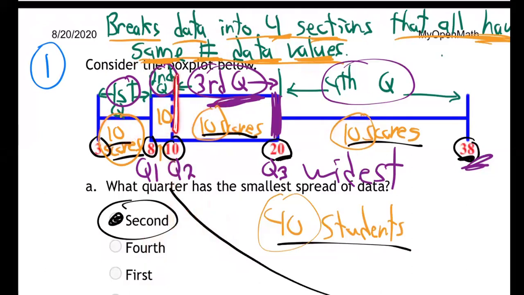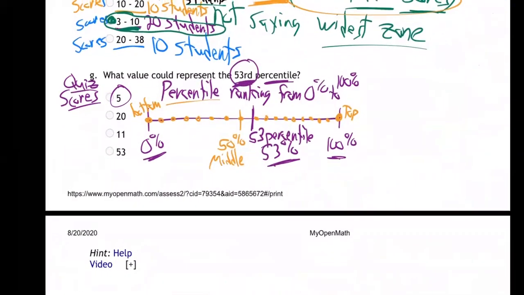So 10 is the average score. So if we're looking for a score just better than average, just above the middle, we're looking for some kind of quiz score that's maybe 11 or 12 or 13 or 14, something that's just barely above the middle. That would be a score just above the middle. So let's go look. Which one of these is just above the middle?